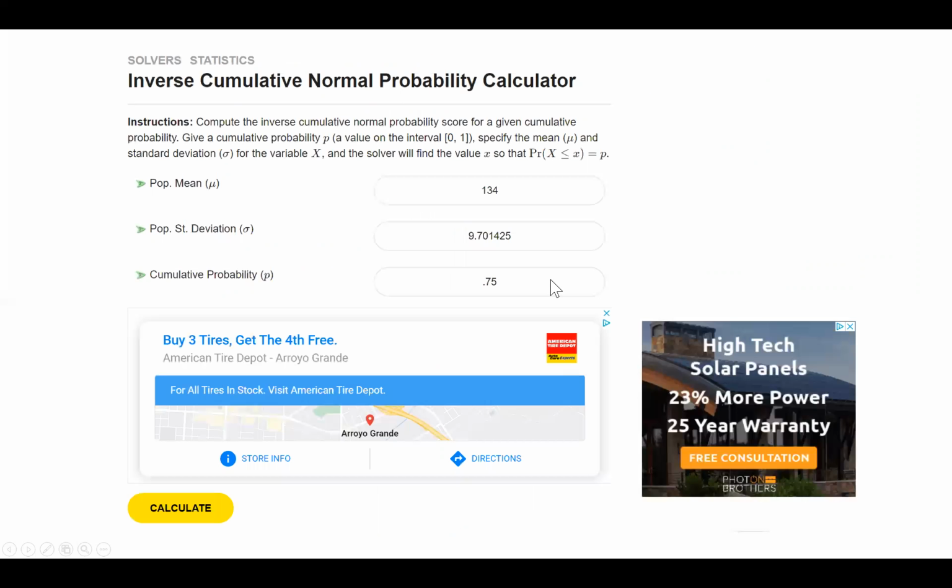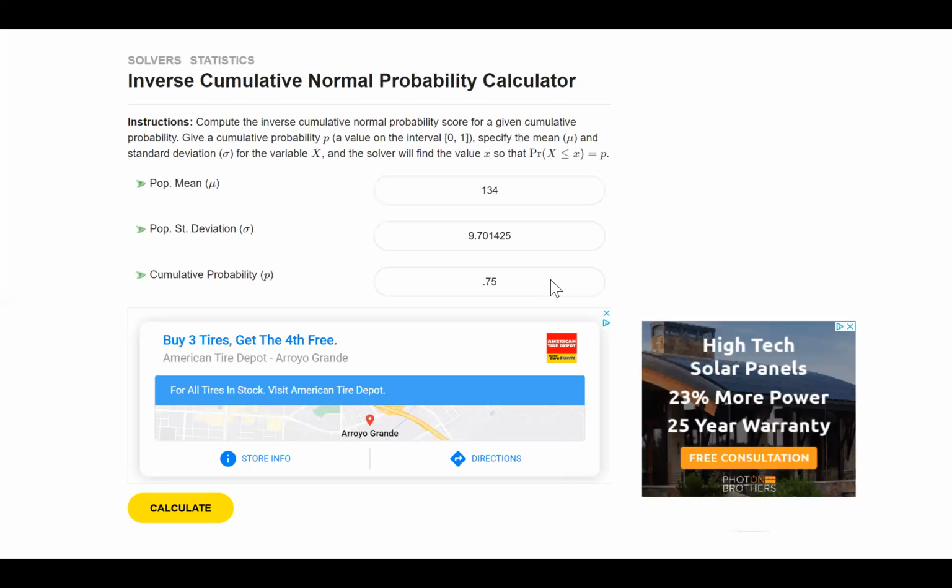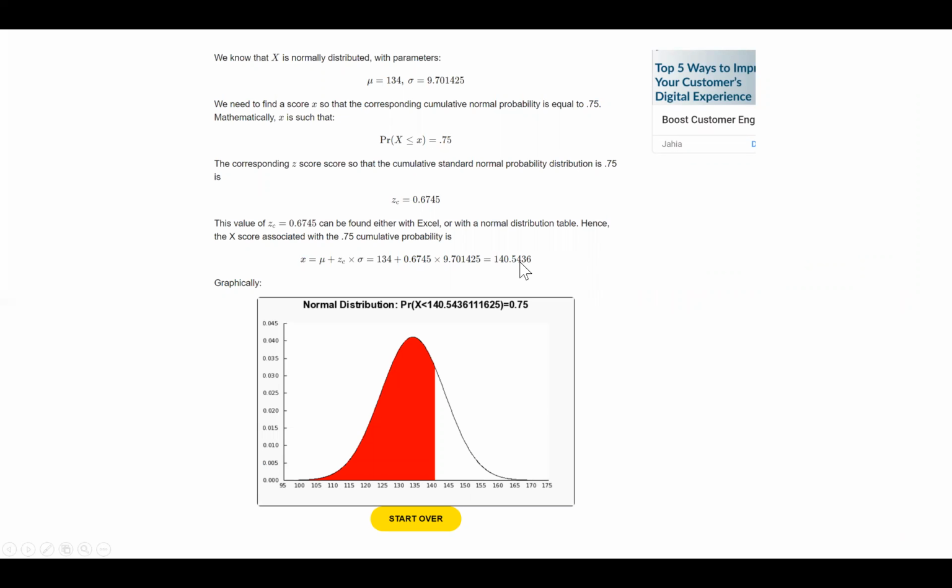Sorry, class, let me check something real quickly here. 544, and this one gives you 5454. So this one actually gave you 4 decimal places, and I think that's the reason, because the instructions say give 4 decimal place accuracy, I believe. The other one does not always give you 4 decimal place accuracy.